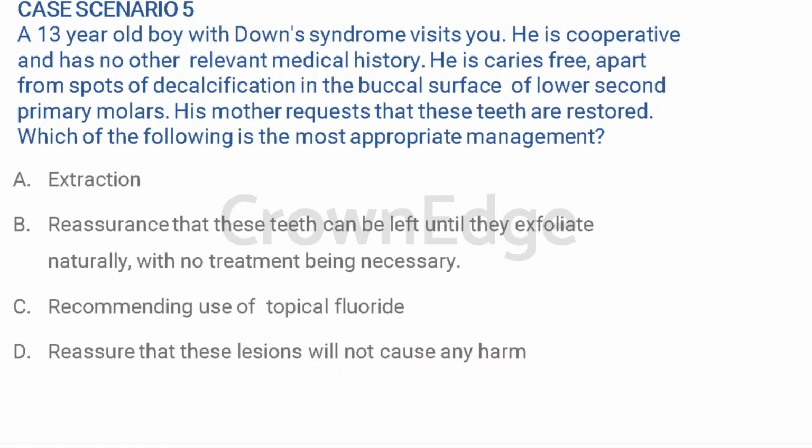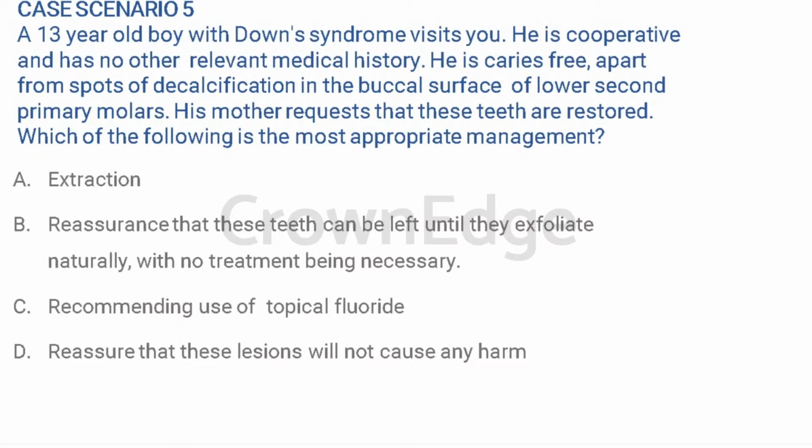And since the child is about 13 years of age, ideally these lower second primary molars should have exfoliated. Okay, maybe because of his condition, they are showing a delayed exfoliation. So the best answer would be option B, reassurance that these teeth can be left until they exfoliate naturally with no treatment being necessary.